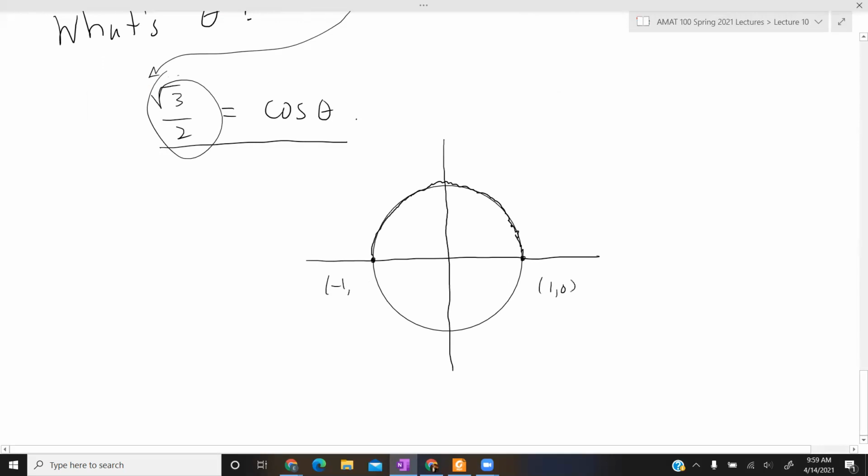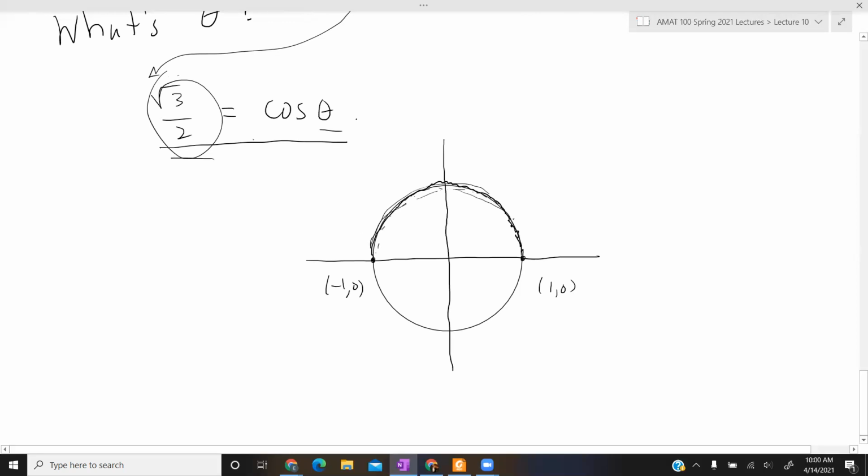This will be (-1, 0). So we're just looking at the top half of the circle. So you're given a theta, and it determines a point on the top half of the circle, and then we're given the x coordinate of that point, so we want to find the angle corresponding to it.